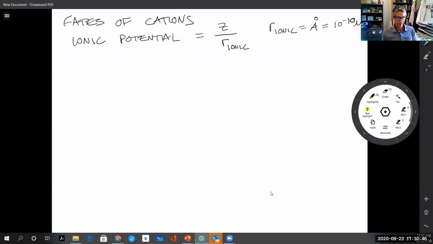So if I ever ask you to calculate the ionic potential of an ion, make sure that you can convert picometers to angstroms. And how would you do that? To get from picometers to angstroms, you divide by 100.